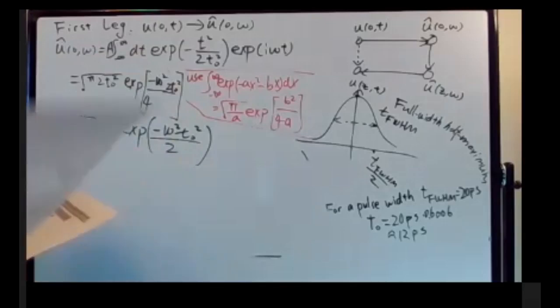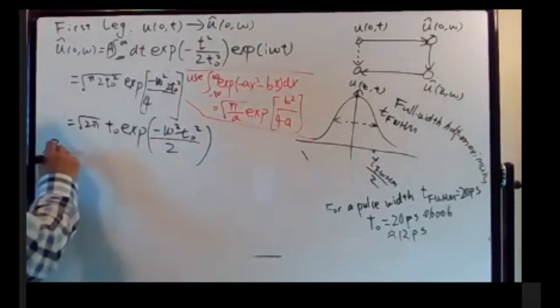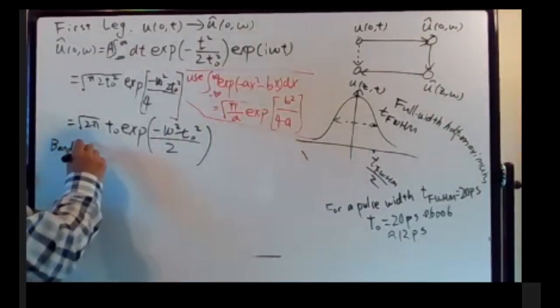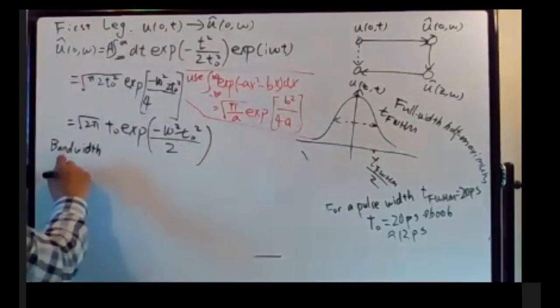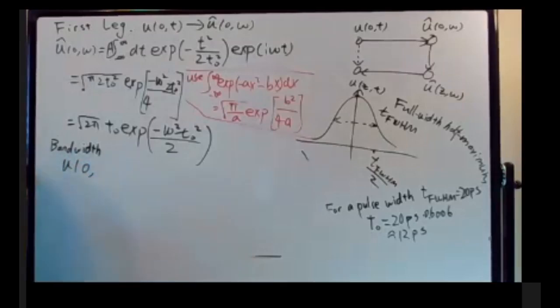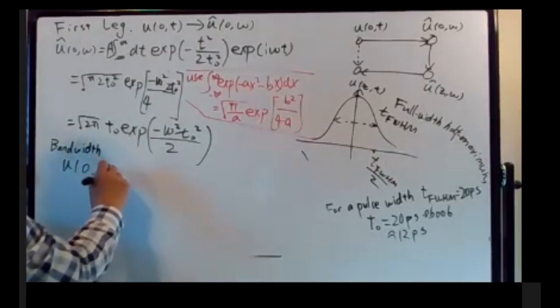Okay, that's good. Let's also do the full width half maximum, the bandwidth. Let's look at the full width half maximum of this bandwidth. So let's take U0, the full width half maximum.